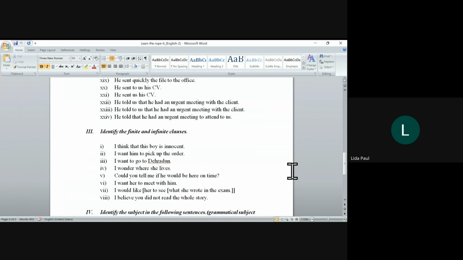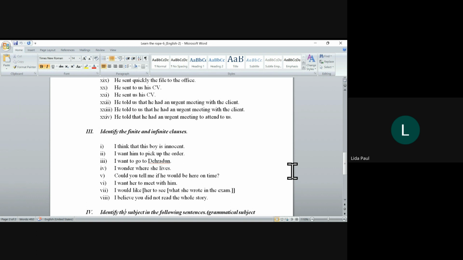Okay, identify the finite and infinite clauses. Now, finite and infinite clauses, if you remember from the discussion on clauses, I think we discussed two weeks ago. Finiteness in a clause comes from which element? The verb, right? Finiteness is connected to tense.